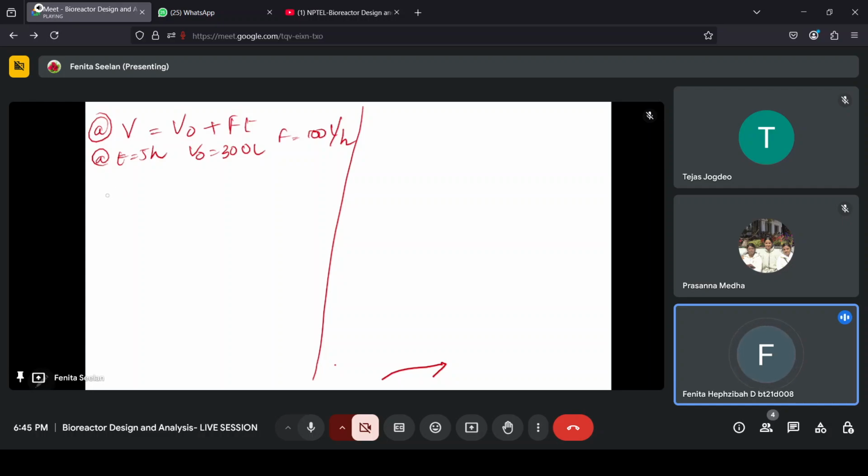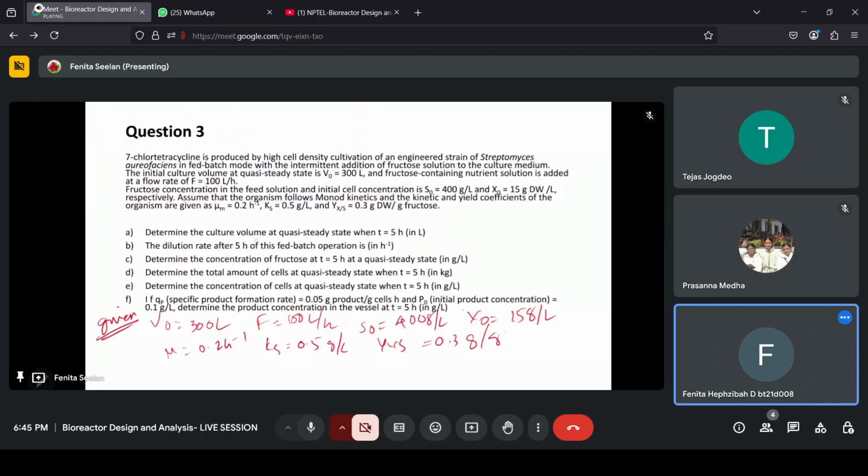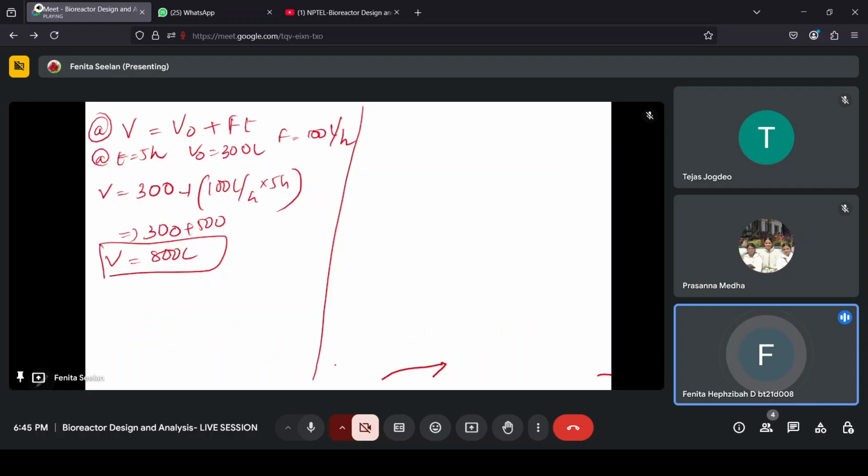So just substitute: V is equal to 300 plus 100 liters per hour into 5 hours. 300 plus 500 is 800 liters. Simple. So V, the culture volume at quasi steady state when time t is 5 hours, is 800 liters.